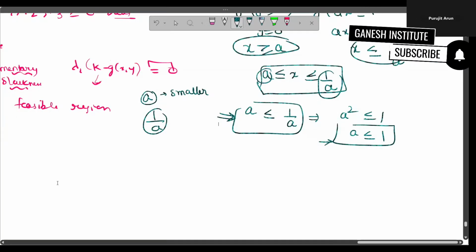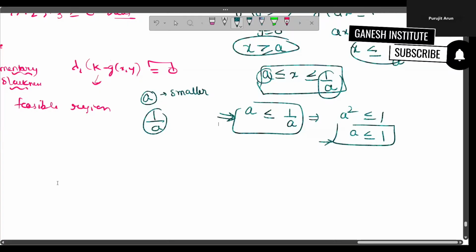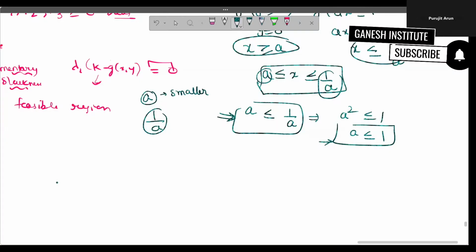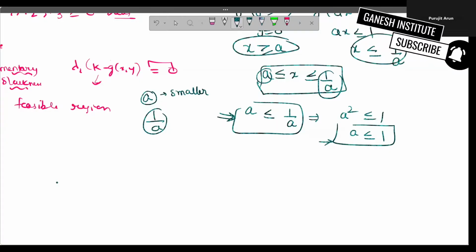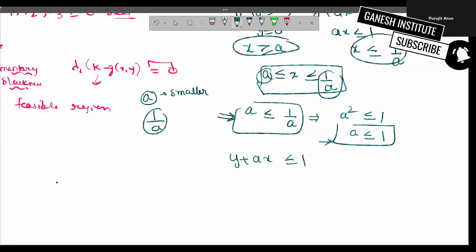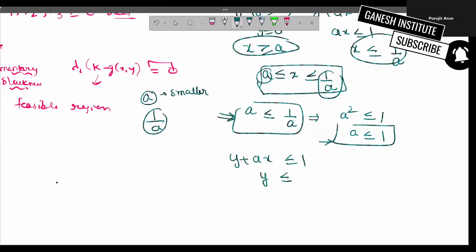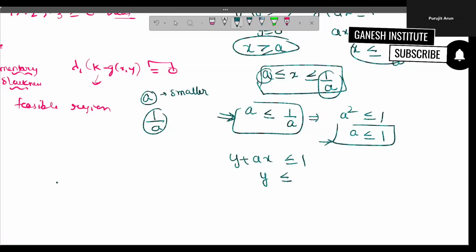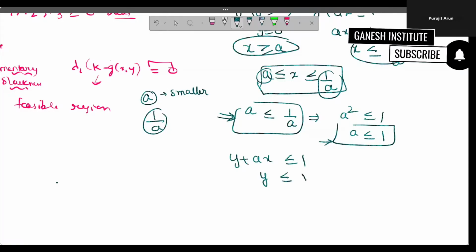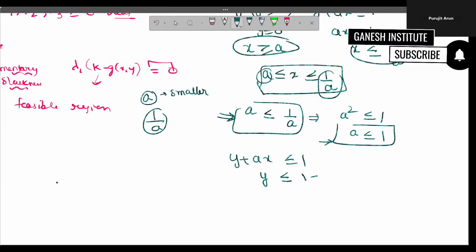Now if we want to find out other values also, for x and y also, the maximum value which is allowed, you know that y plus ax is less than or equal to 1. So that means y is less than or equal to 1 minus ax.